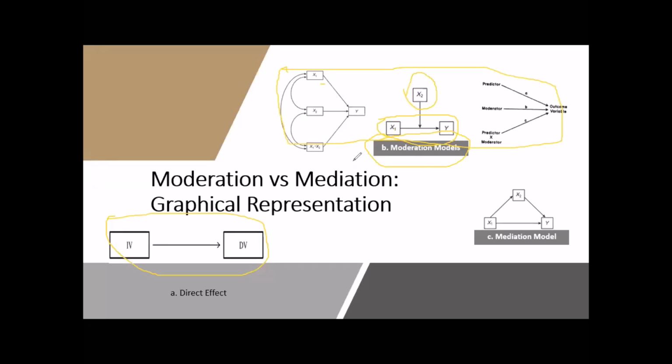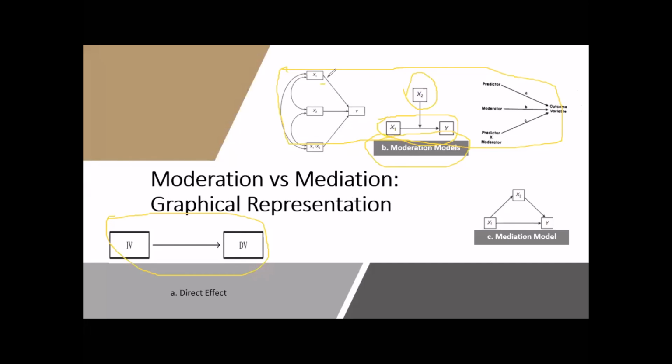In certain domains, like economics and finance, scientists have a habit of representing their models in the form of equations. But in behavioral or psychological sciences, we have a habit of representing our models in graphical form. So this is a graphical representation of the moderation models.